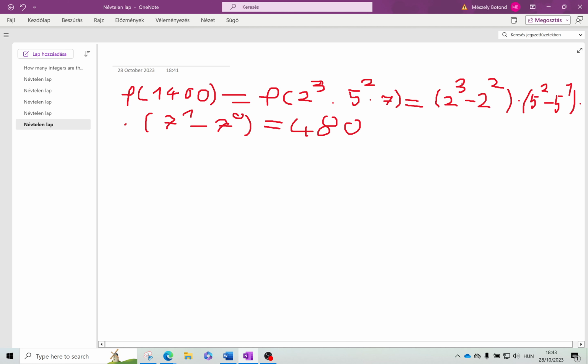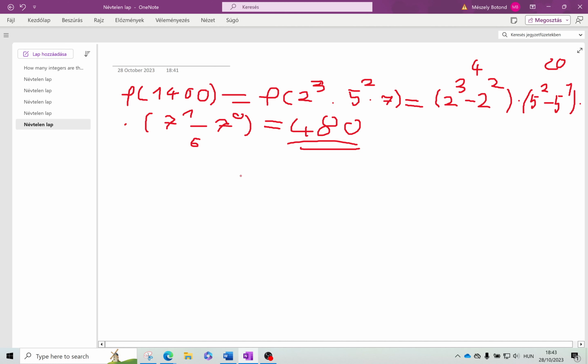But basically you need to calculate 2 to the power of 3 is 8 minus 4 is 4. 25 minus 5 is 20. 7 minus 1 is 6, and 6 times 20 times 4 is 480. So we got the phi 480.